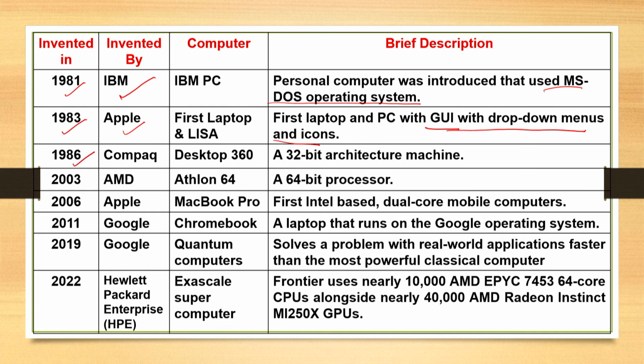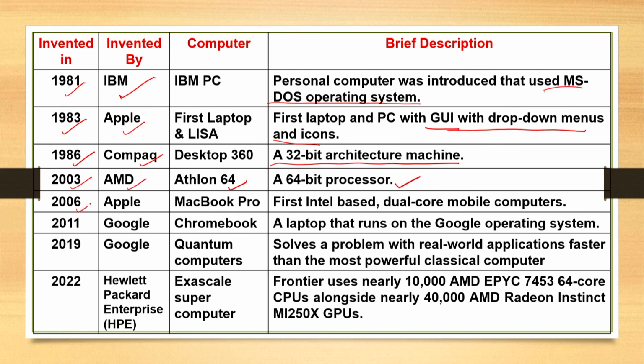In 1986, Compaq developed Desktop 360, which has a 32-bit architecture. In 2003, AMD developed Athlon 64, which is a 64-bit processor.